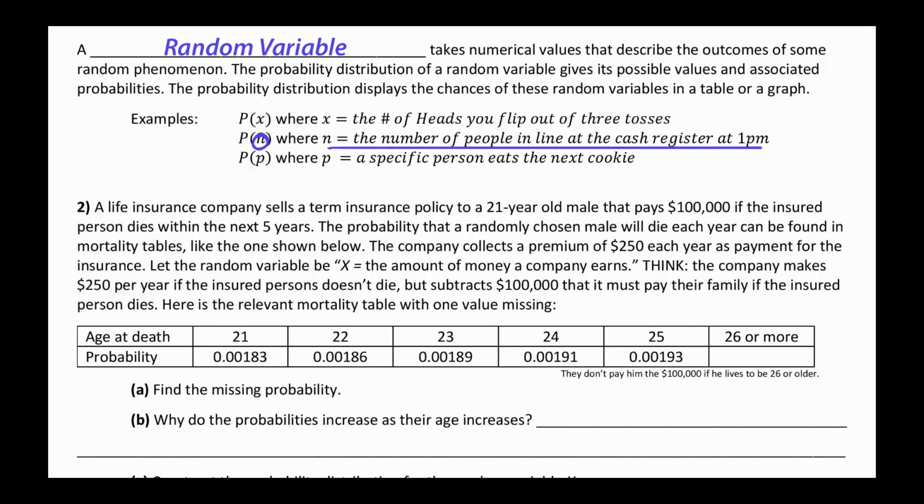Very last one that I wanted to give you an example of would be P, the probability of this event happening. A specific person eats the next cookie, so maybe Tim really loves cookies, and so the odds are higher for Tim, whereas Sally wouldn't, and it would be smaller, but it could be probability of Tim or the probability of Sally. This will change based on the problem or what we're looking for.